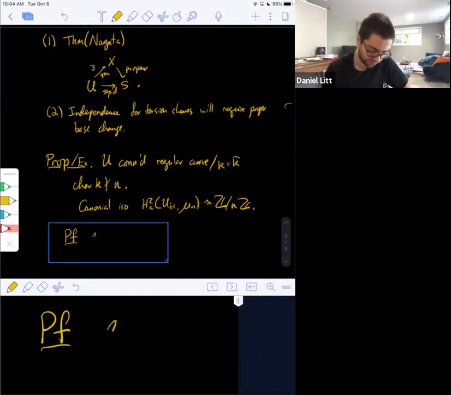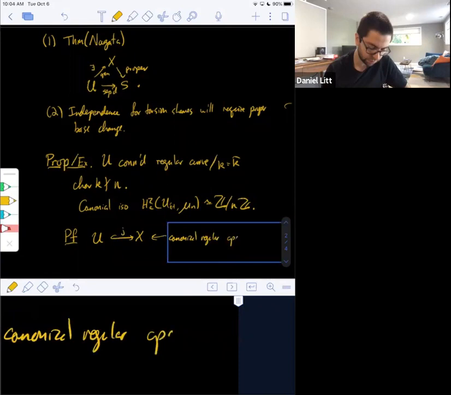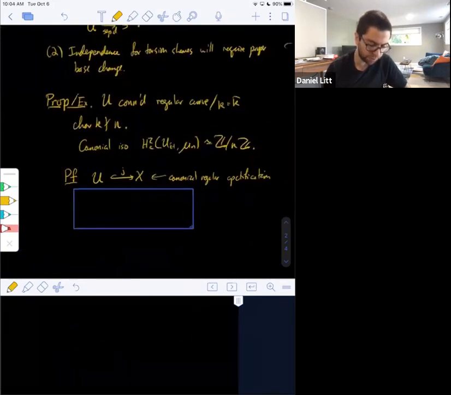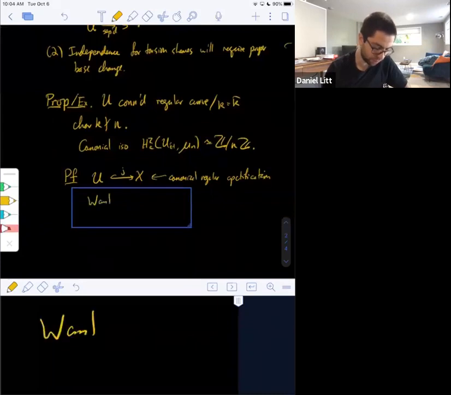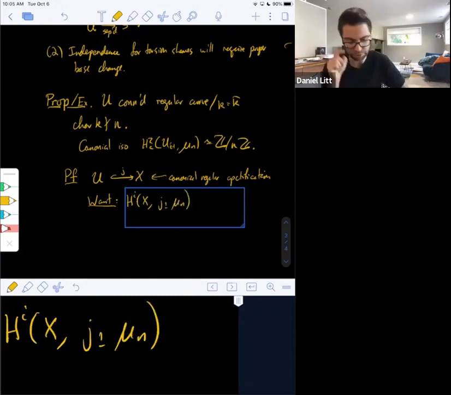All right, so U lives inside of curve X, so this is the canonical regular compactification. And we want to compute H^i of X with coefficients in j_! mu_n. So can anyone suggest how one might go about this?